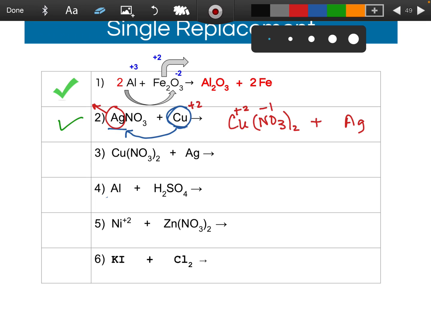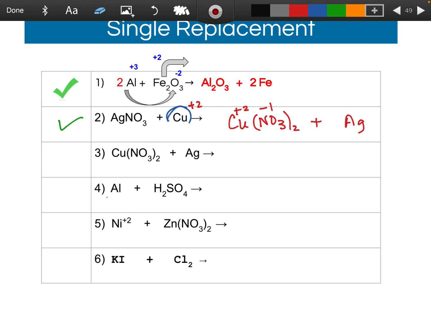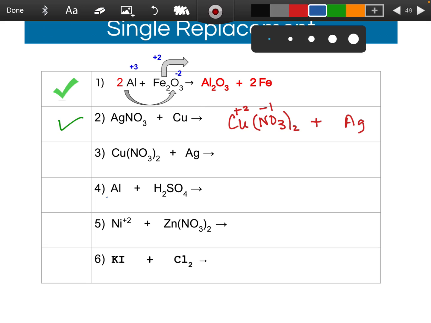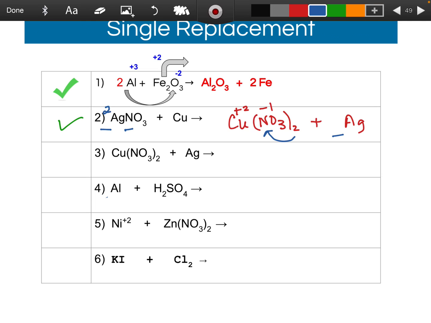Once we have the charges balanced, then we can balance the number of atoms on each side of the arrow. On the reactant side, we have 1 Ag. On the product side, we have 1 Ag. On the reactant side, we have 1 nitrogen. On the product side, we have 2 nitrogens. So I'm going to put a 2 in front of the AgNO3.